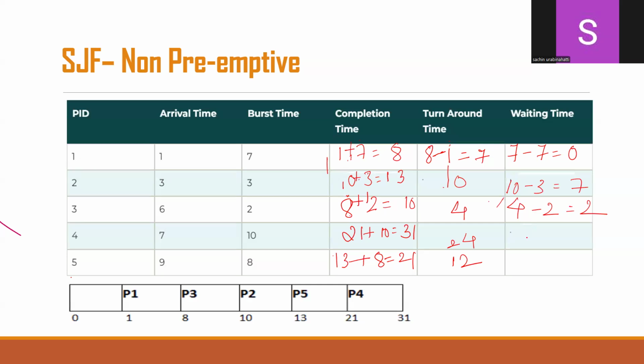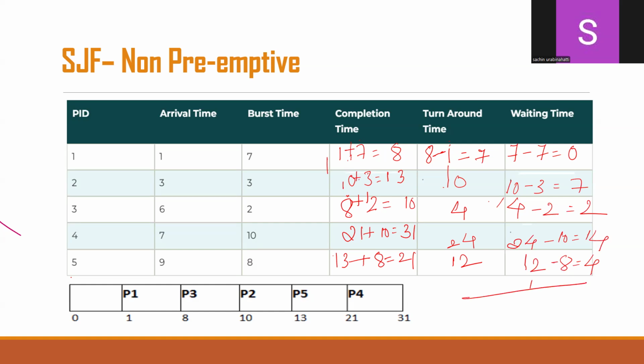Similarly, for P4, the turnaround time is 24 minus the burst time 10, so it will be 14. Correct. So the waiting time for P5 is the turnaround time 12 minus the burst time 8, which is equal to 4.